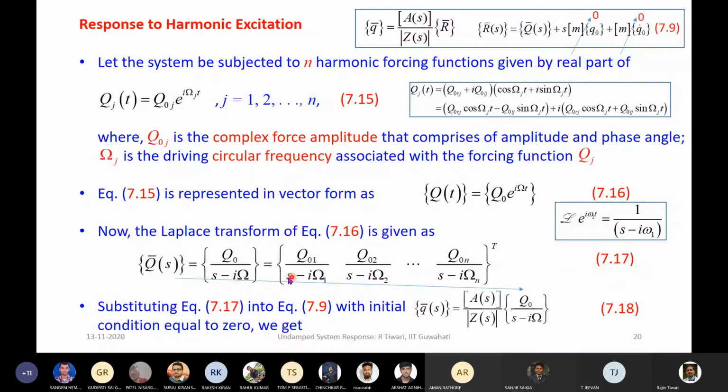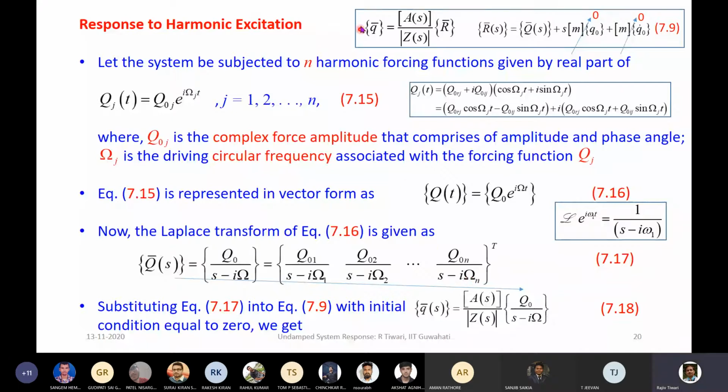And this has been put in a single matrix vector form of size n into 1. This is a vector with n components.